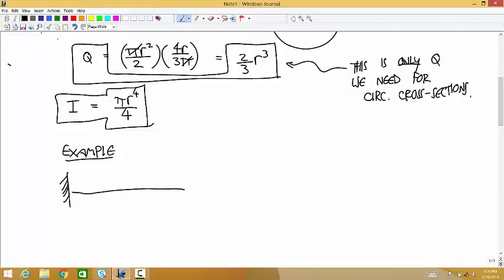So let's say we have this cantilever beam. And let's say that the mass of this beam is 1,000 kilograms.